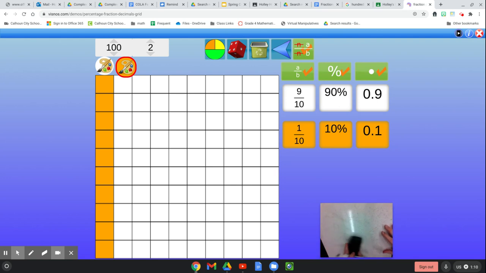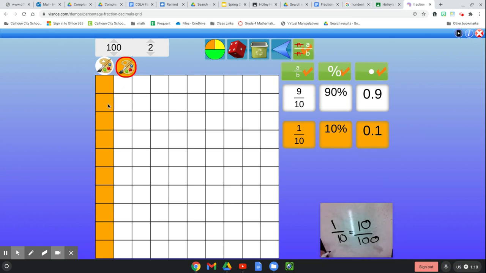Now, technically, 1/10 is equal to 10 hundredths. Do you see that? This is like having 1 ten rod, but I also have 10 hundredths. So 1/10 is equivalent to 10 hundredths.